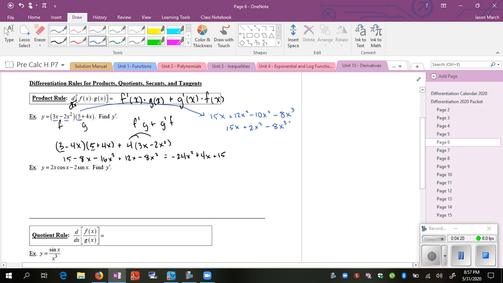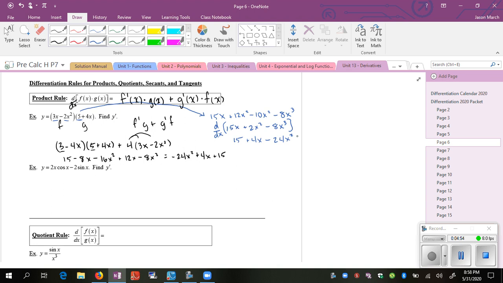And you can see that if we do the power rule now and take the derivative, we get 15 plus 4x minus 24x squared, which is the same thing, just written in a different order. But where we have to use the product rule will be examples that involve trig, examples that might involve radicals.